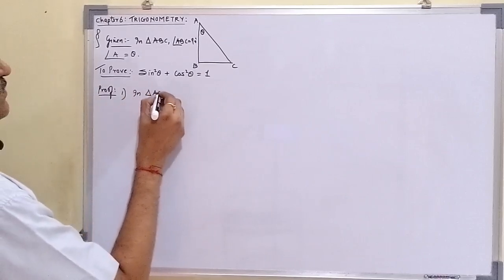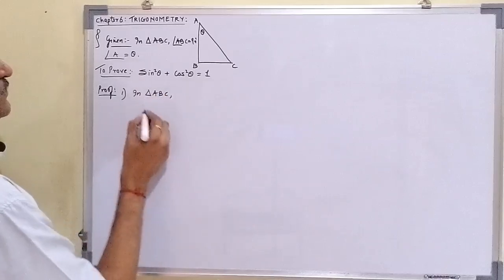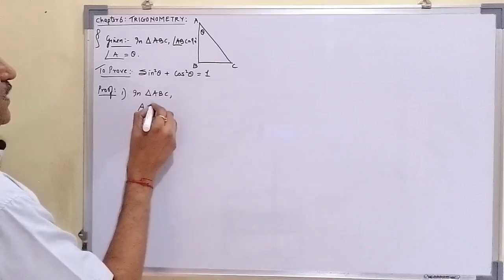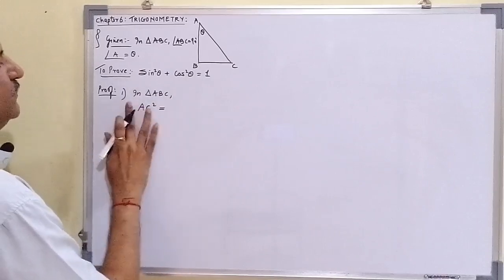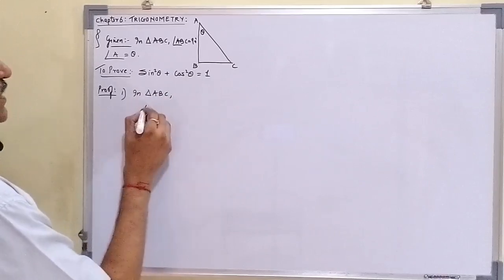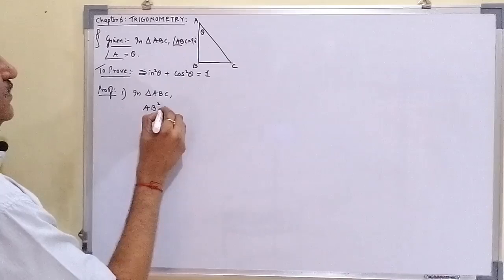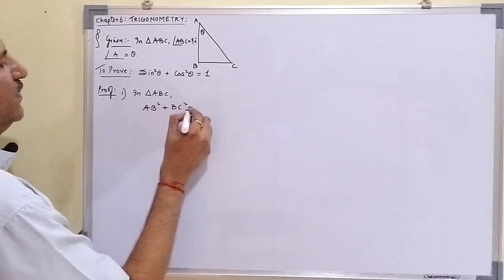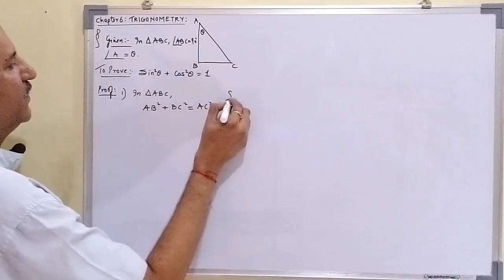In triangle ABC, AB square plus BC square equal to AC square.